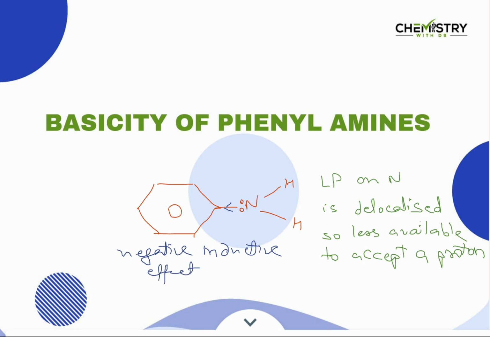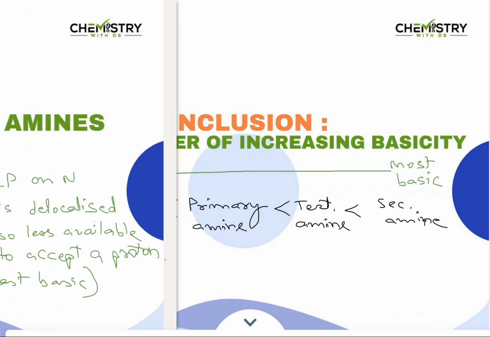As a result, the lone pair of electrons becomes part of the ring. It is delocalized into the benzene ring. As a result, it is much less available to gain a proton. So we can clearly see that phenylamines would be the least basic, because they are much less likely to accept a proton easily.